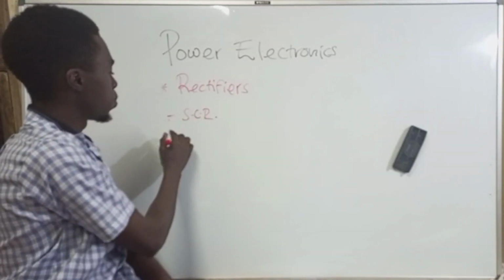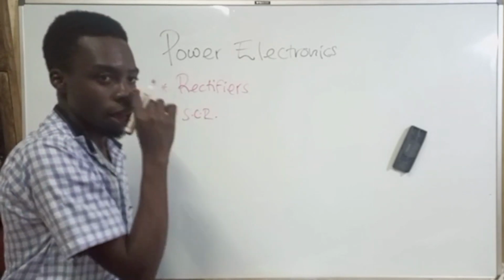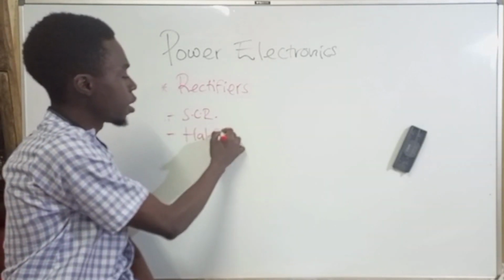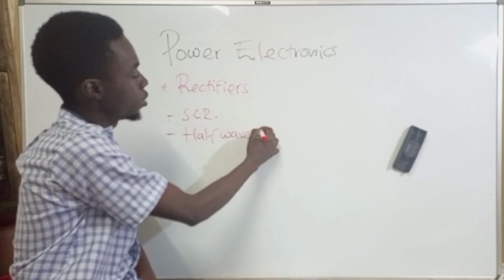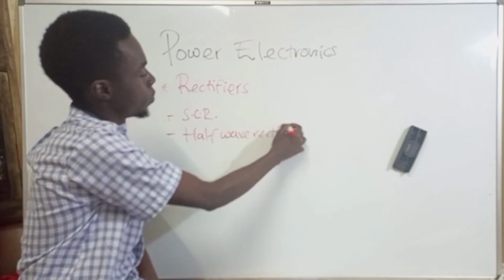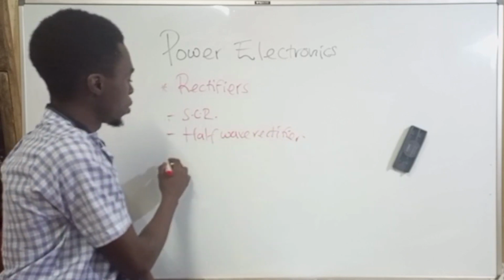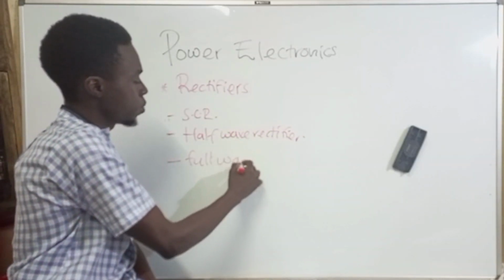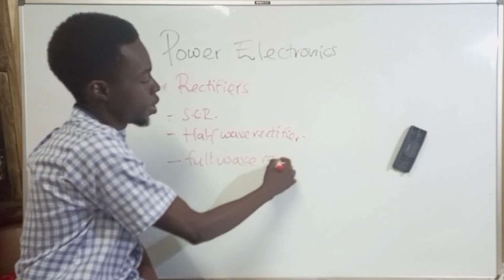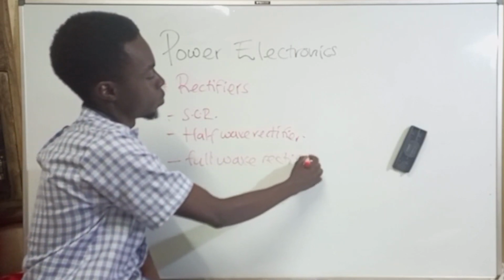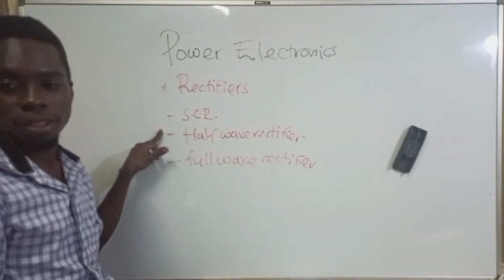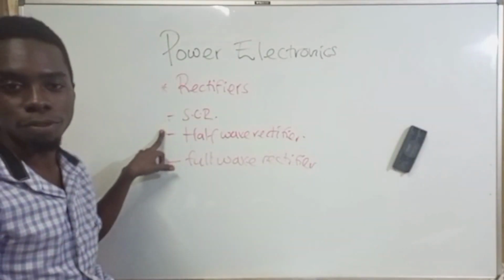So SCR is also part of the rectifiers, but these rectifiers are divided into three main areas. Under these areas, we looked at the half wave rectifier, and then we looked at the full wave rectifier. So in here we are going to start by looking at the half wave rectifier.